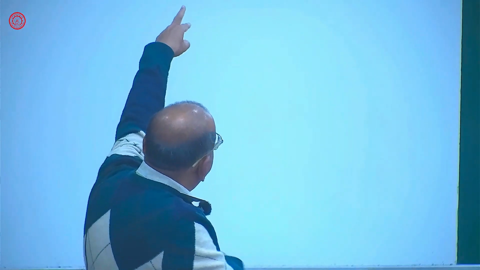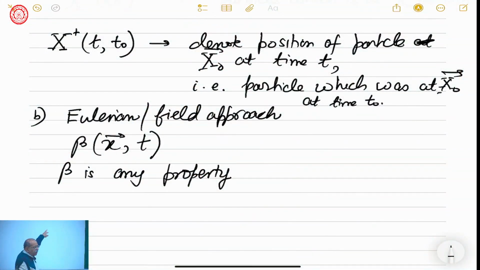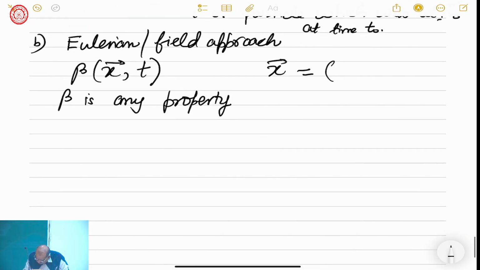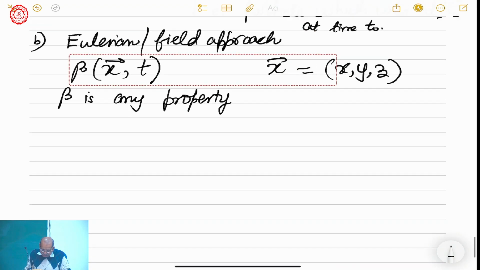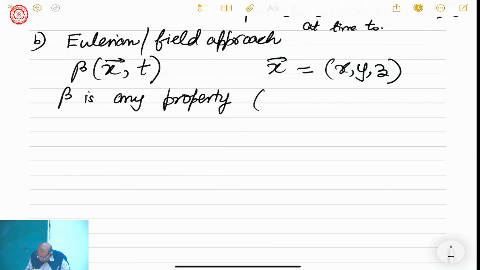I specify beta as a function of x comma t, where x vector is the spatial coordinate x, y, z, and beta is any property.